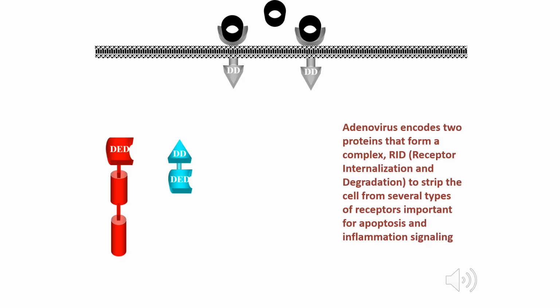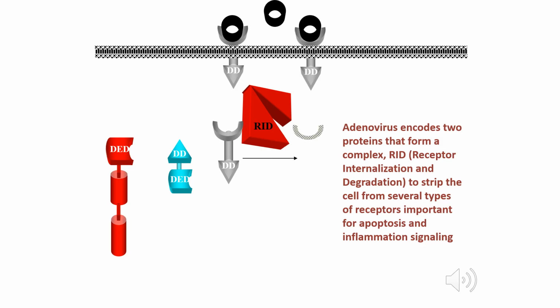So this chain reaction leads to the apoptosis of the cell once the receptor is ligated. So RID comes in to pull down these receptors and causes their degradation by proteolysis.